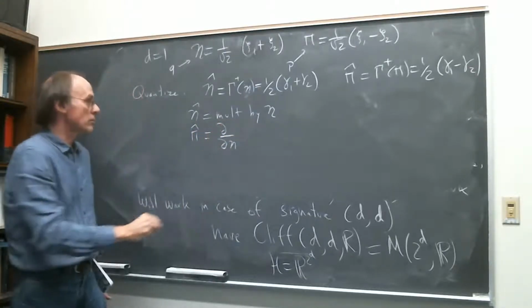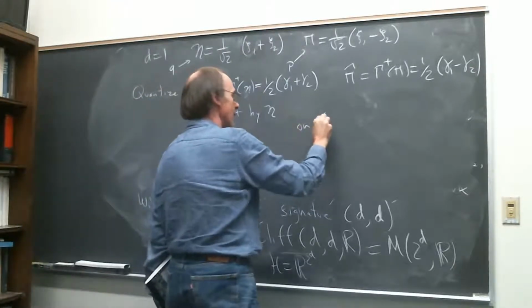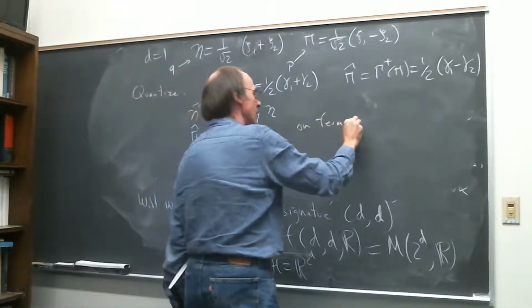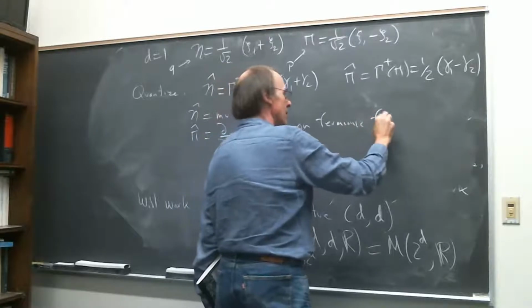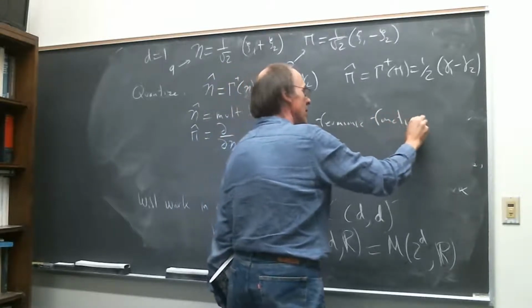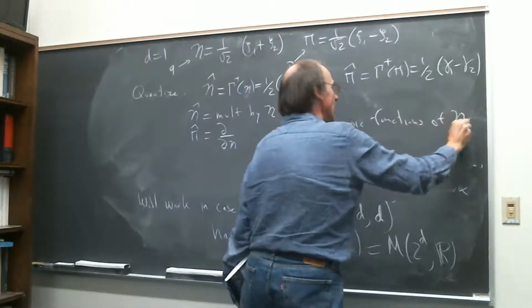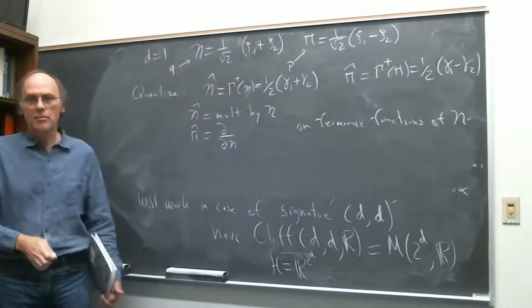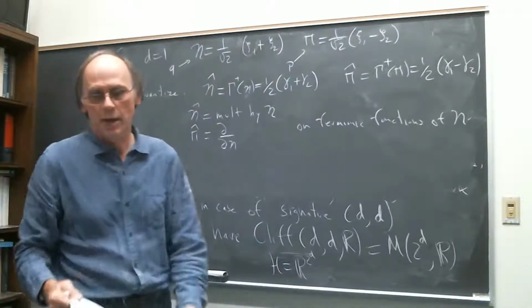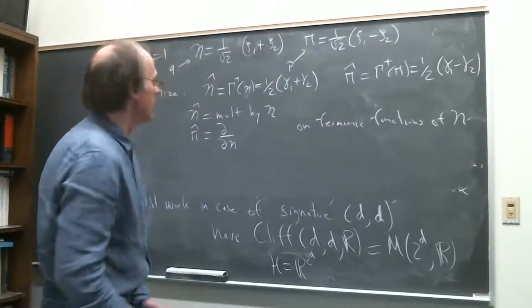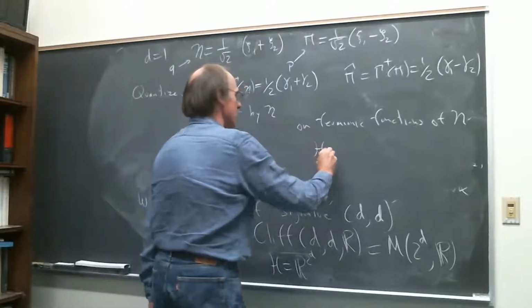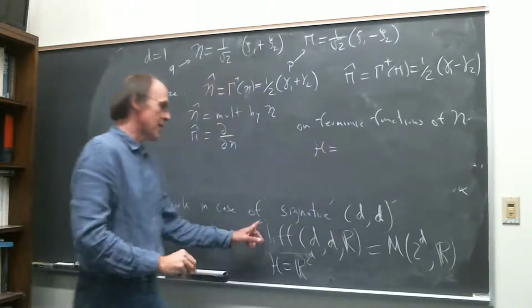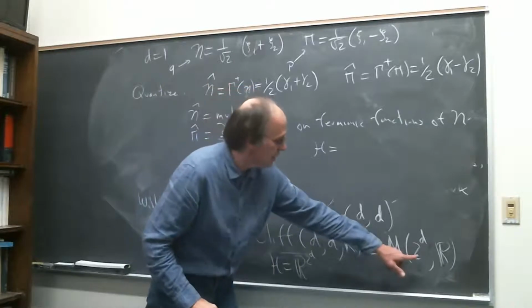Okay. So on fermionic functions of eta. Anyway, you can make all this look just like the bosonic case, and then your H is, in this case, D equal to 1.